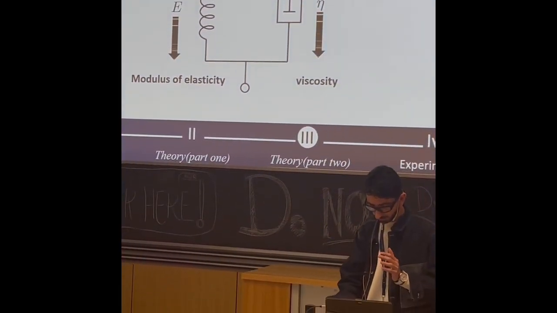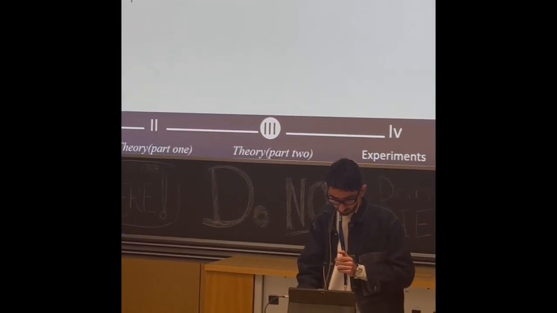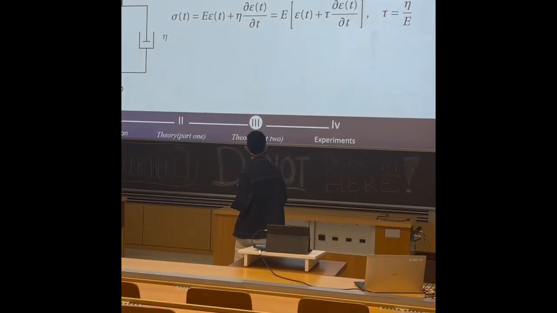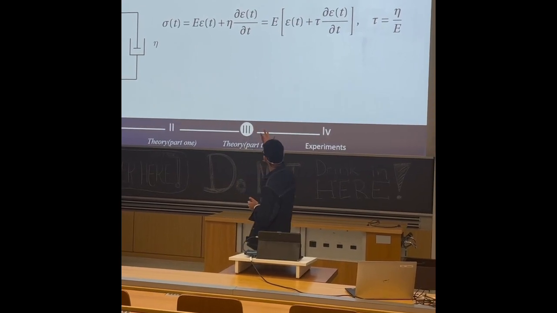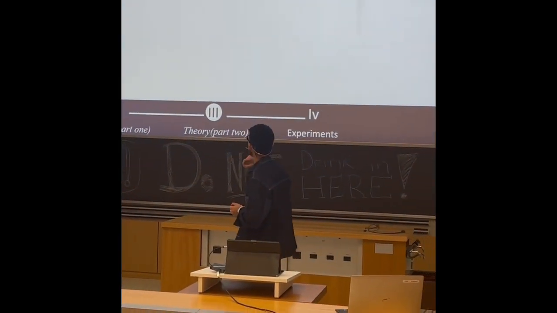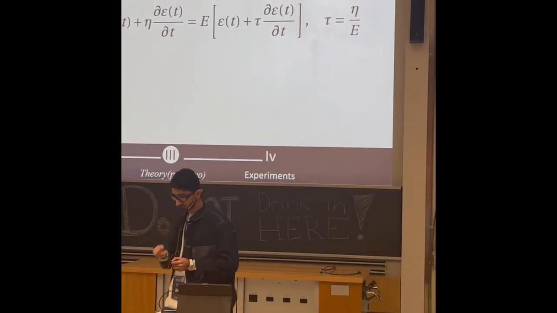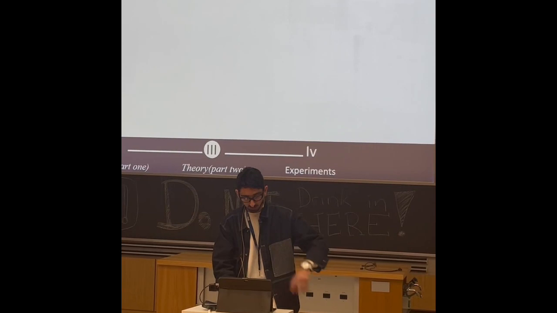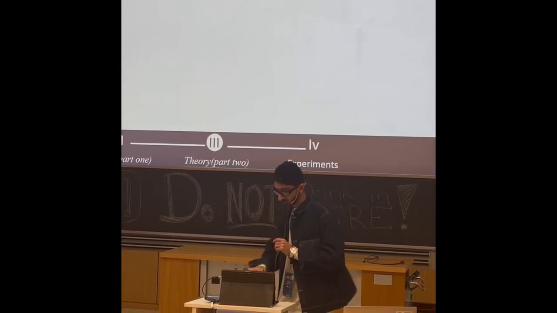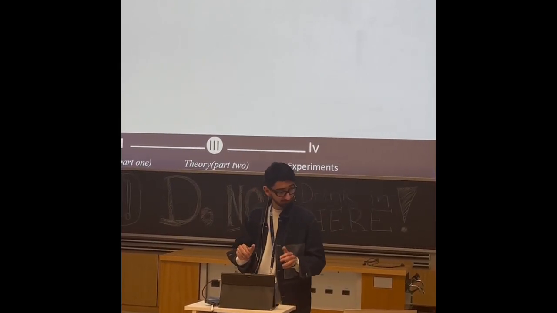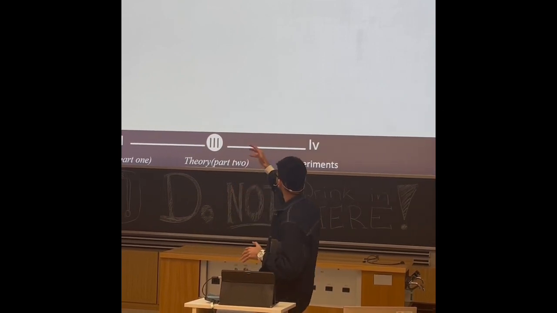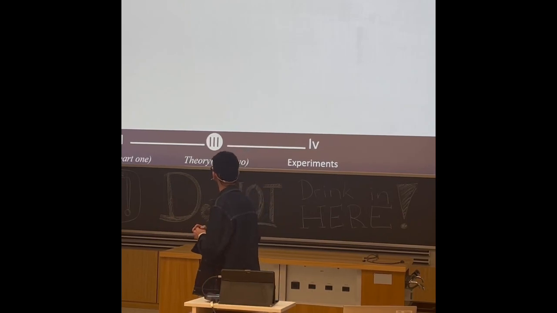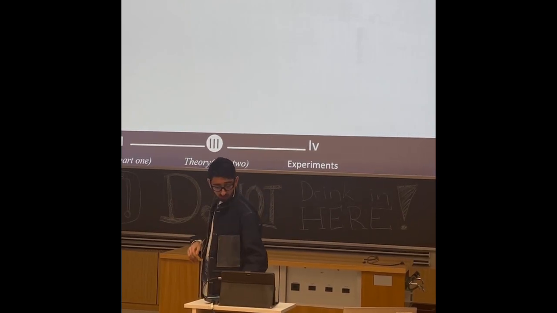Actually, when we solve it, we can find the stress in time, which equals Young's modulus, viscosity, and the strain. And if we apply a constant stress to it, we can find the strain from this equation. And what does this equation give us? That is a really important question.